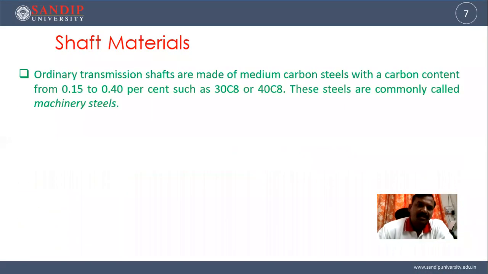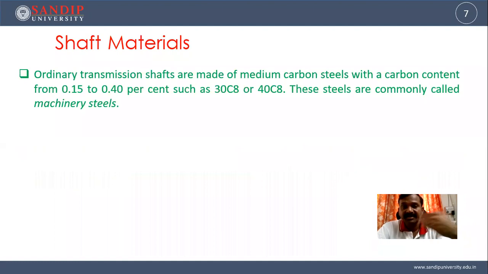Ordinary transmission shafts are made of medium carbon steel with a carbon content from 0.15 to 0.4%, such as 30C8 or 40C8. This is the general category of shaft which we are using, that is 30C8 or 40C8. These are called the machinery steels.